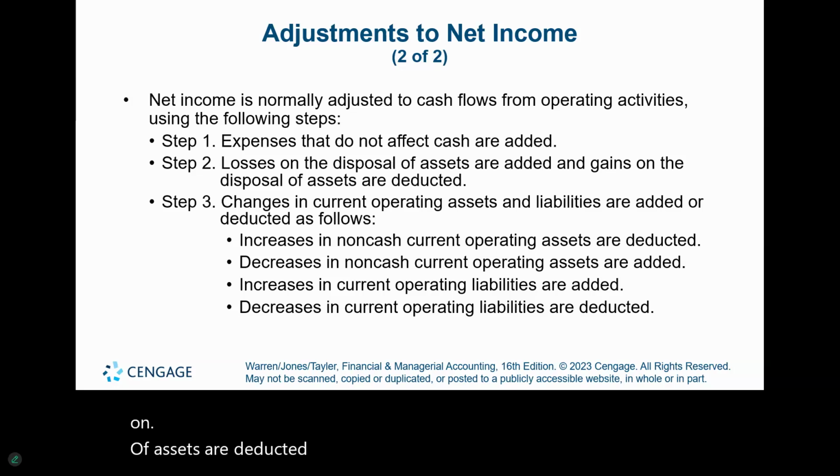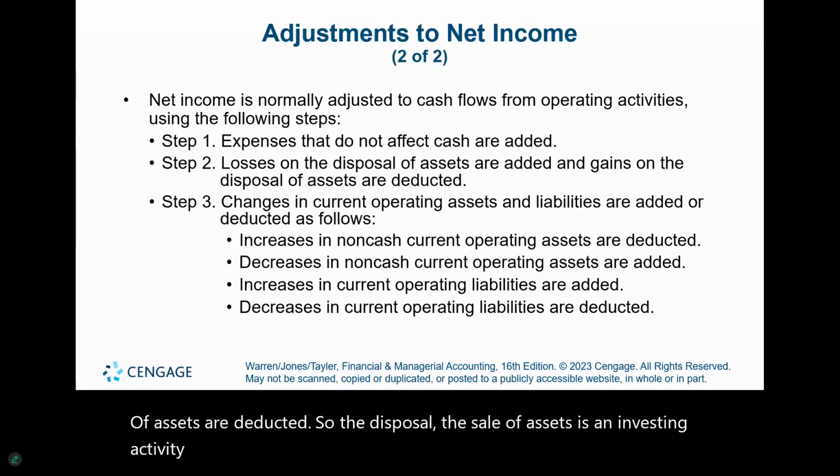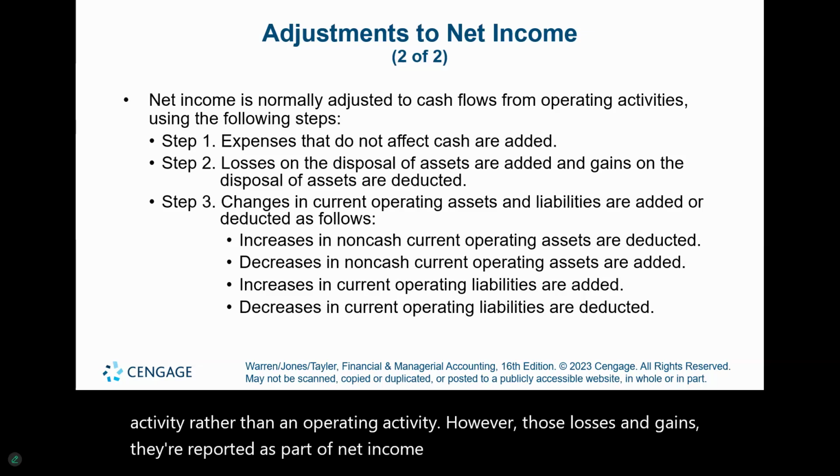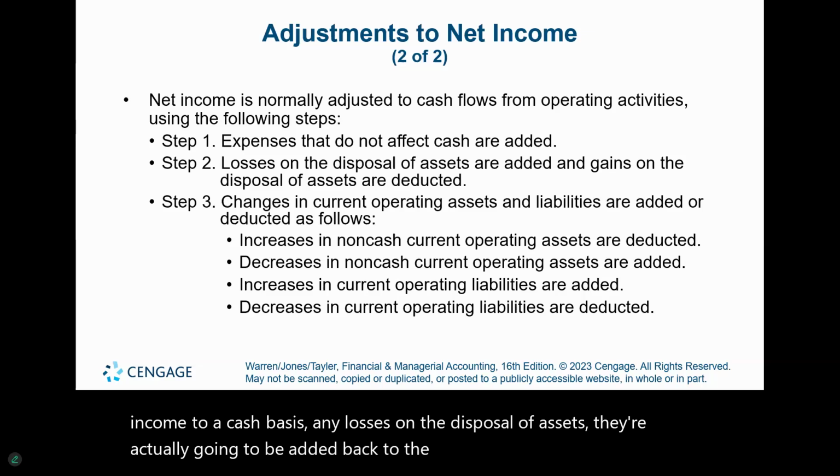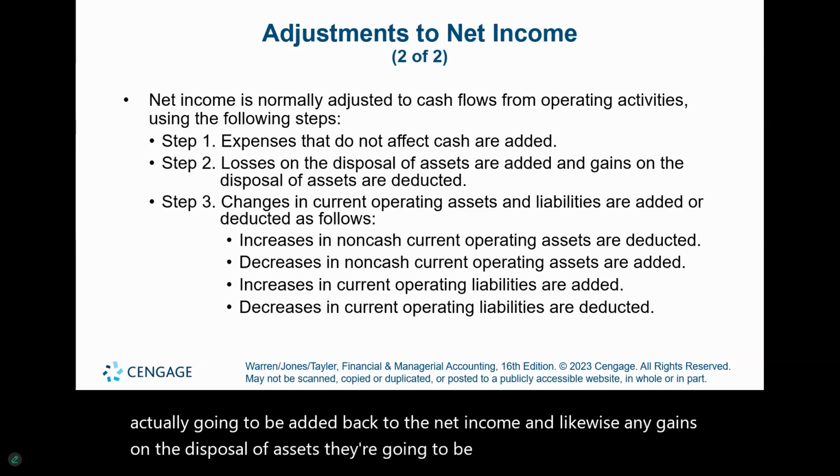So the disposal, the sale of assets, is an investing activity rather than an operating activity. However, those losses and gains are reported as part of net income. So therefore, to adjust the net income to a cash basis, any losses on the disposal of assets are going to be added back to the net income. And likewise, any gains on the disposal of assets are going to be deducted from net income.